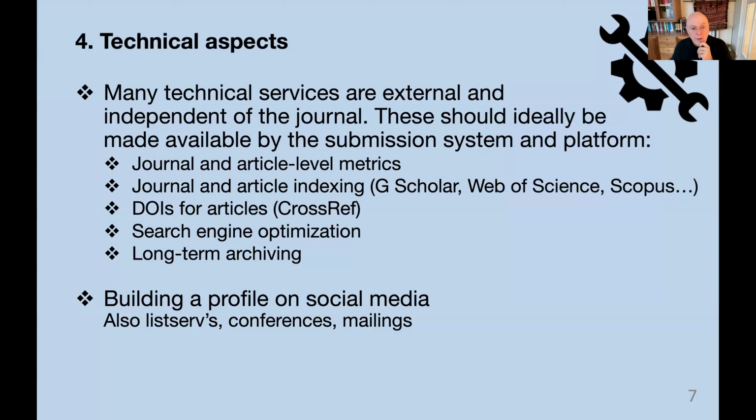Then another thing is that you also, as a journal, will need to build a profile on social media. This is something you can do via listservs and conferences and mailings. But I found when I set up the journal in 2015-16 that social media really helps.